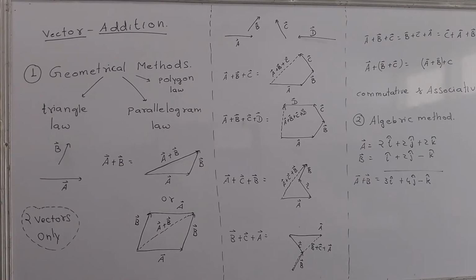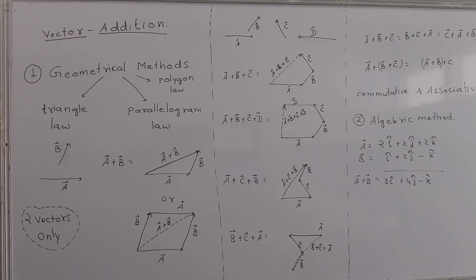Parallelogram law is also a very simple one. Here instead of a triangle, what you are going to get is a parallelogram. But what is to be done? See, again, you have to add these two vectors, vector A plus vector B. These two vectors are already given to you. First, draw vector A. From where you have ended vector A, from that very point, you have to draw vector B. Clear?